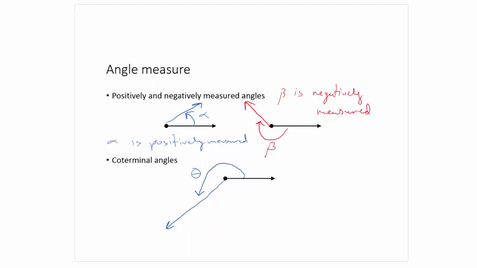And let's just say for argument's sake that I have a negatively measured angle that looks like this, phi. We can say that since they have the same terminal side, in this case theta and phi are coterminal angles.